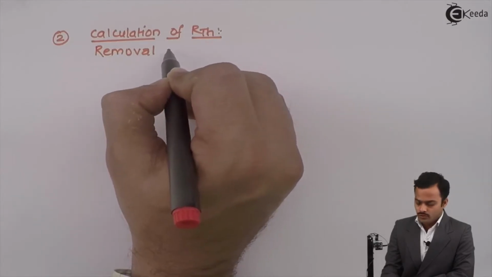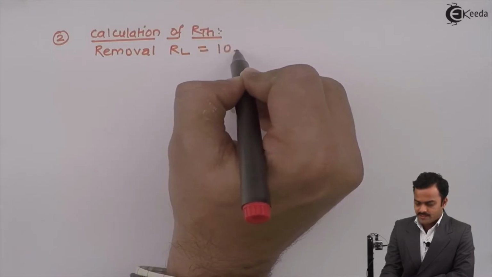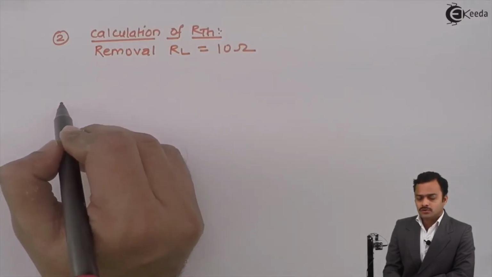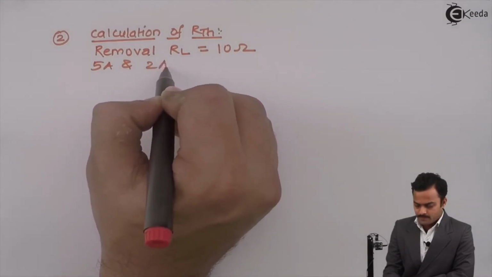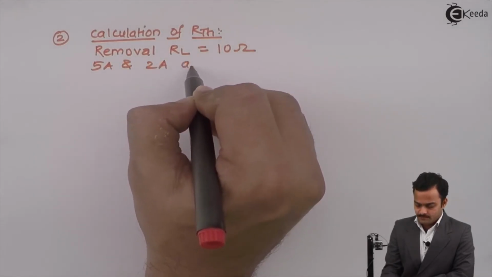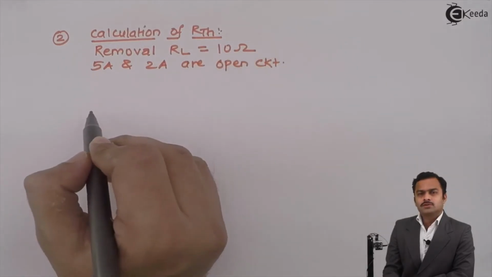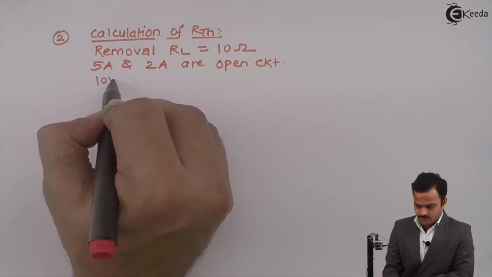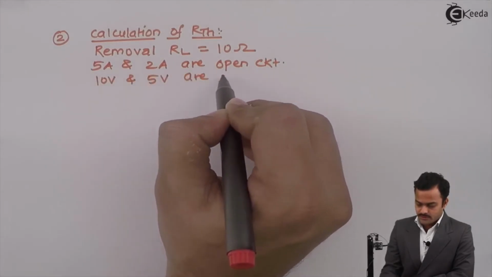That is, we need to remove RL, which is 10 ohm in our case. Two current sources are given of value 5 ampere and 2 ampere, need to be open circuited. Two voltage sources are given, 10 volt and 5 volt, need to be short circuited.